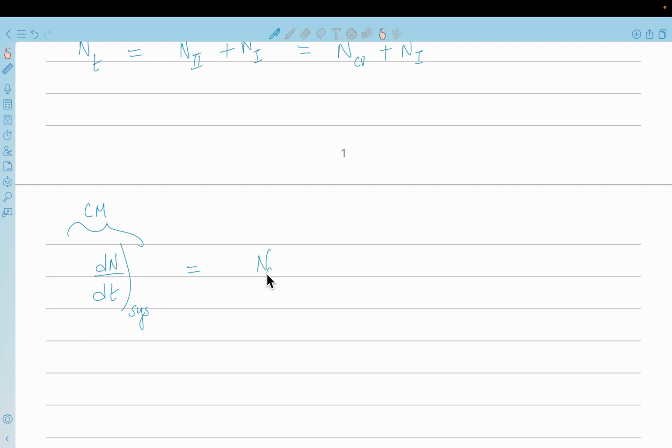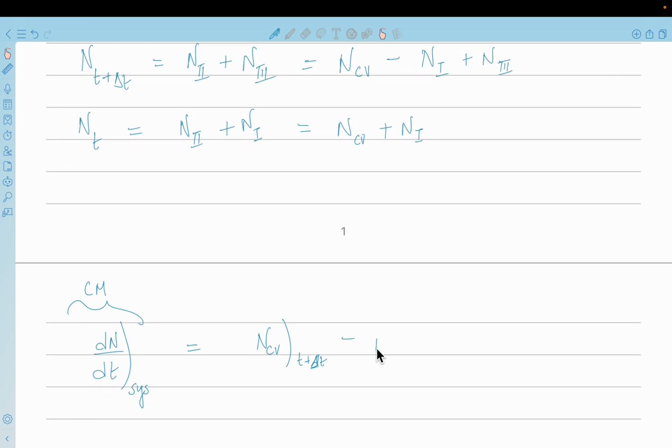So you get NCV at t plus delta t minus N1 plus N3 minus NCV at t. And this entire thing is divided by delta t in the limit delta t tends to 0.